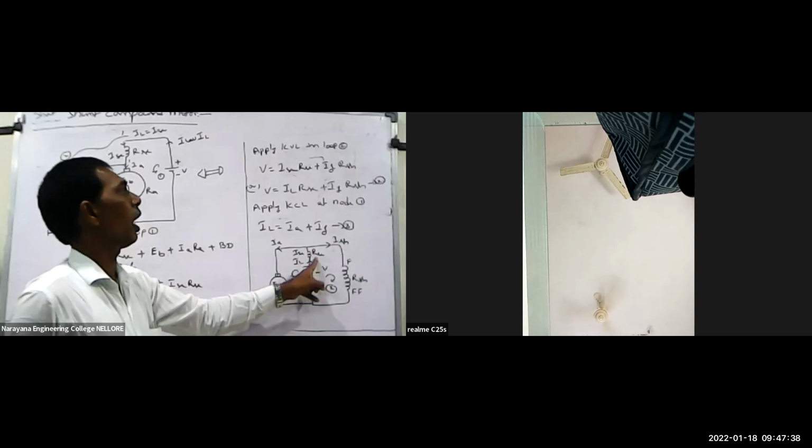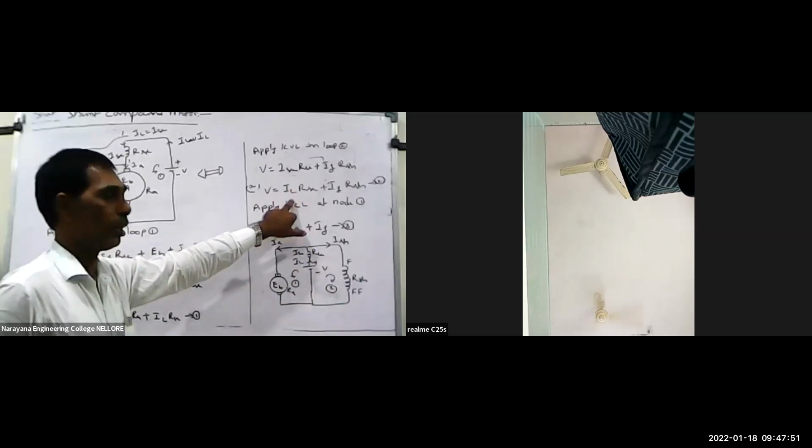Now apply KVL in loop 2. V is equal to the drop across the series field winding, that is ISC into RSC, plus the drop across the shunt field winding, that is IF into RSH. I have replaced ISC with IL because the current passing through the series field winding and delivered by the source is the same.